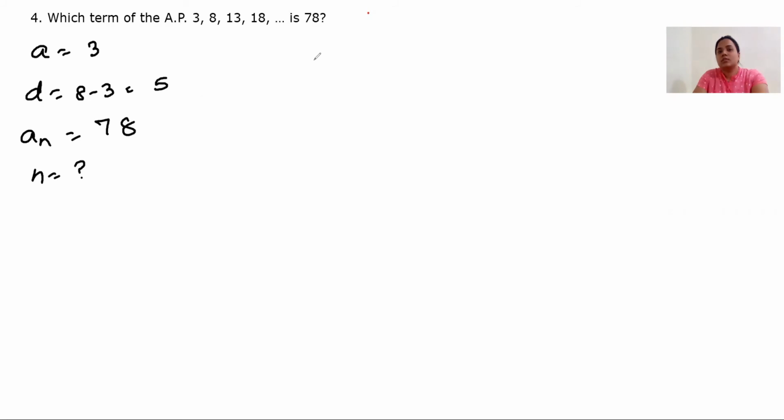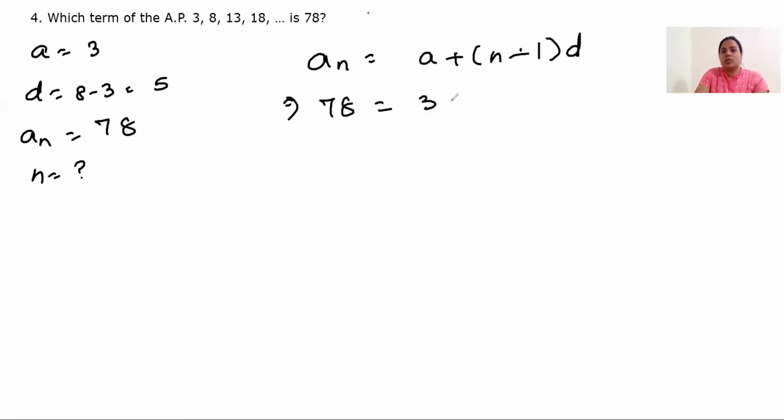Very easy. We'll just substitute the values. AN is equal to A plus N minus 1 D. AN we have, that is 78. So 3 plus N minus 1 into 5. I already told you whenever we have to find N, first we will subtract A, 78 minus 3.